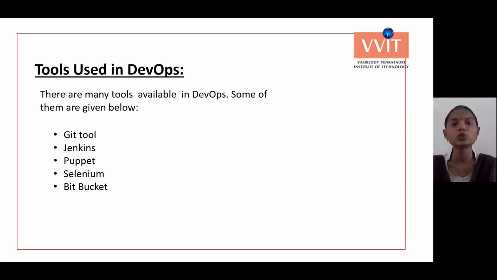Git tool is used for source code management. It is a free and open source version control tool. Git is used for tracking changes in the source code, enabling multiple developers to work together on non-linear development. It was developed by Linus Torvalds in 2005 for the development of the Linux kernel.